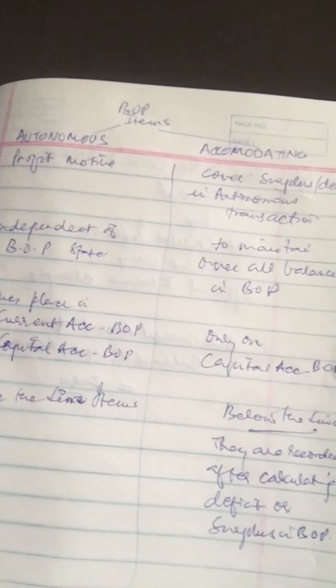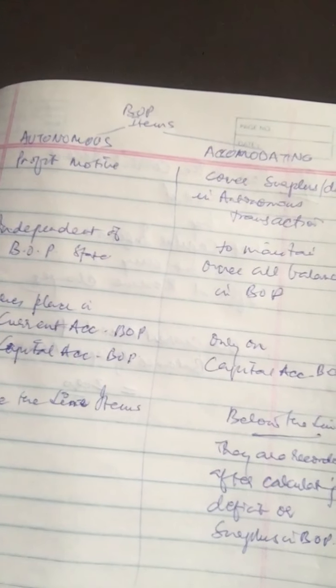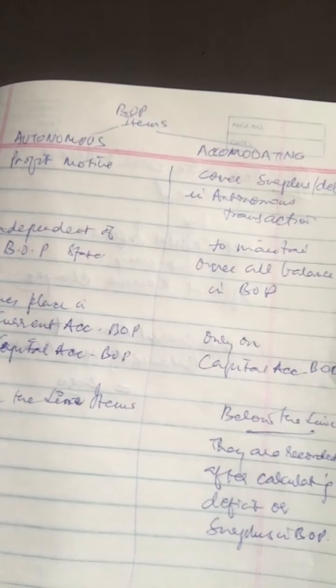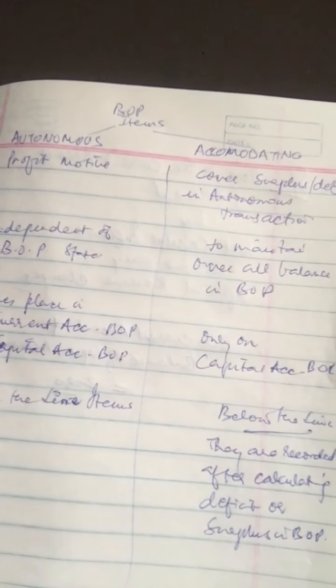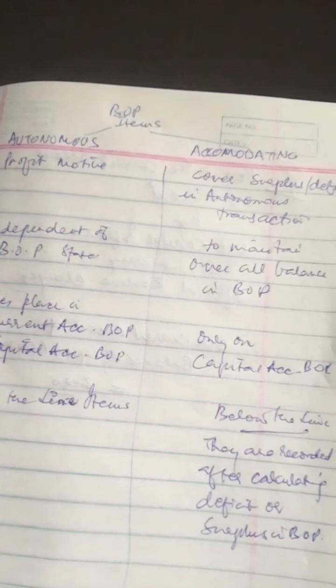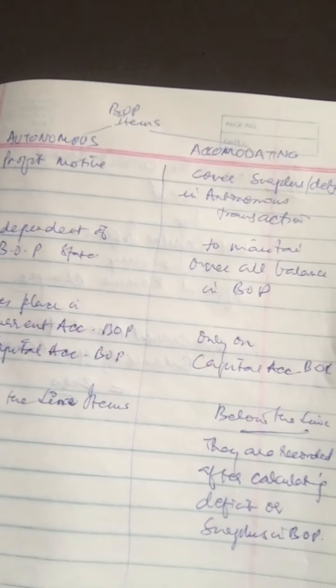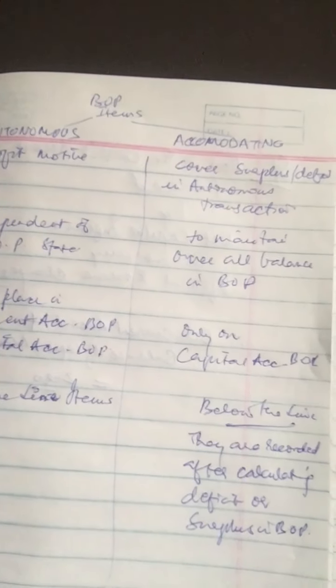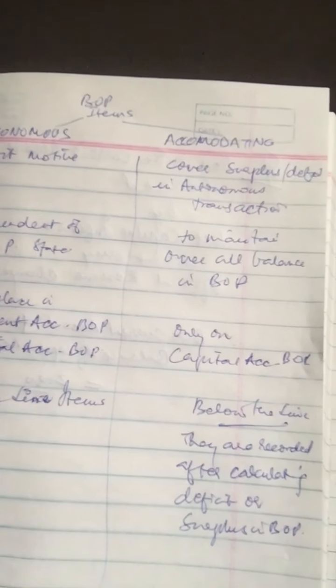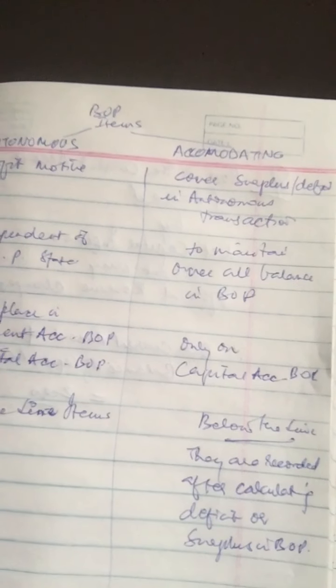So we should clearly understand that autonomous items take place both on the current account and capital account of the balance of payments, and accommodating transactions take place only on the capital account after calculating the overall deficit or surplus in the balance of payments.